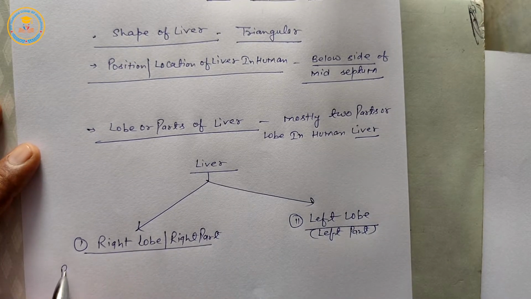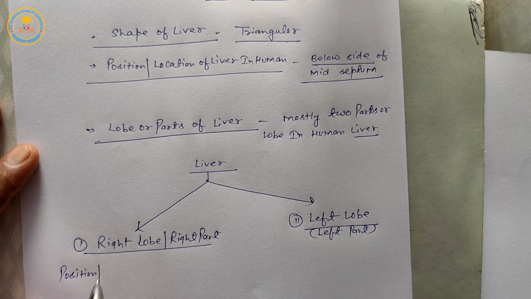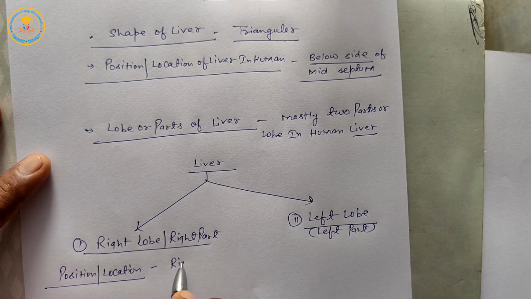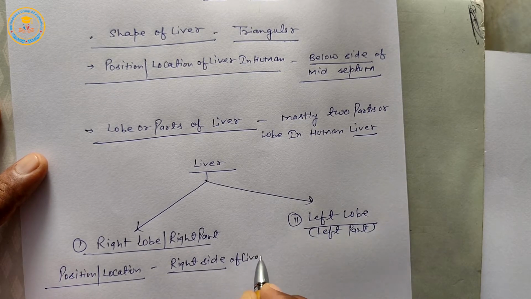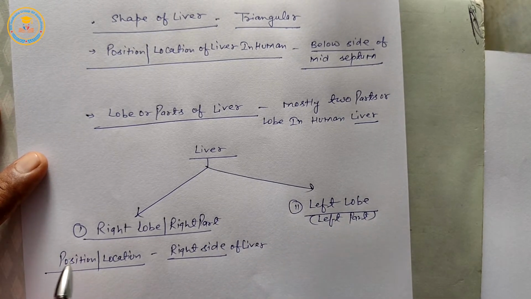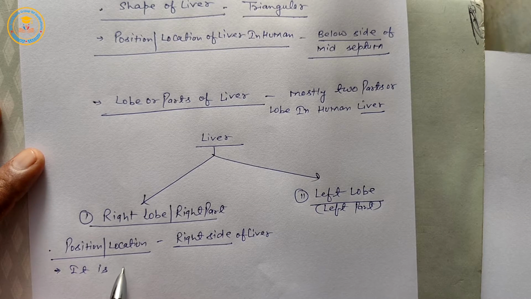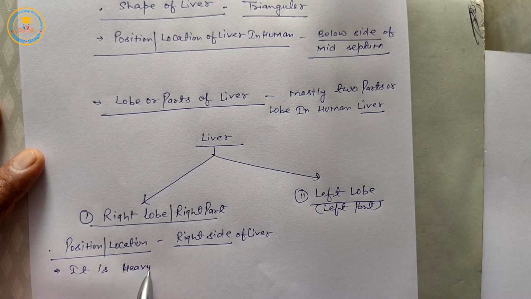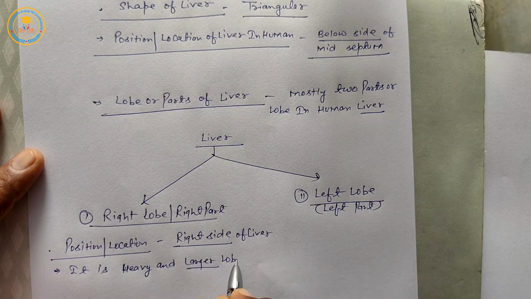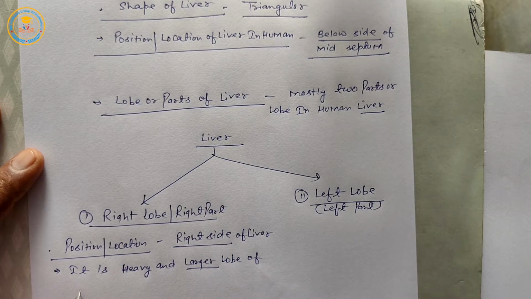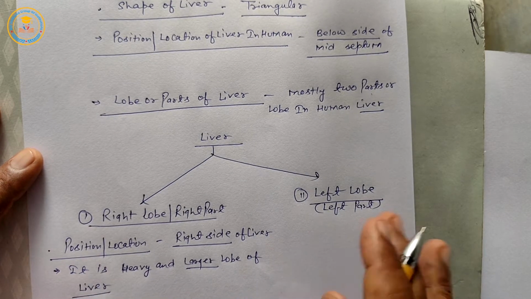Students, the position or location of the right lobe is the right side of the liver. Next, it is the heavy and larger lobe of the liver compared to the left lobe.